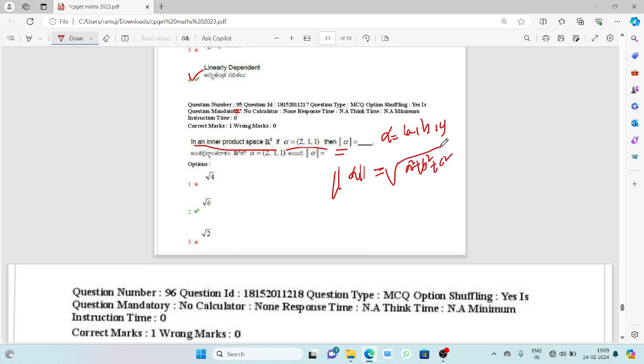So in place of a, b, c, he provided these values. I just do that: 2 square means 4, 1 square is 1, and 1 square is 1. So we will get the square root of 6. So the second option is the correct one for this question.